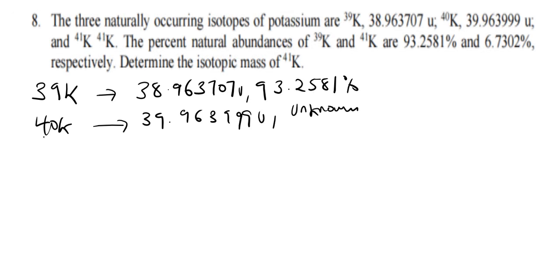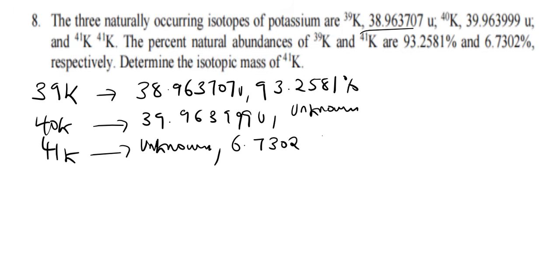Then when we come to potassium 41, what do we have as atomic mass unit? We don't know, we've not been given. We've only been given the percentage abundance, which is 6.7302%.